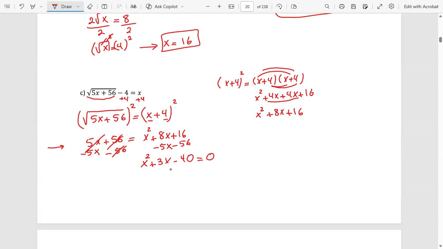And to solve this one, I can use the AC method because A is 1, B is 3, and C is negative 40. A times C and B. We are looking for two numbers that if I multiply them together gives me 40, and add or subtract them gives me 3. The question is, what numbers give you 40 if you multiply them together?